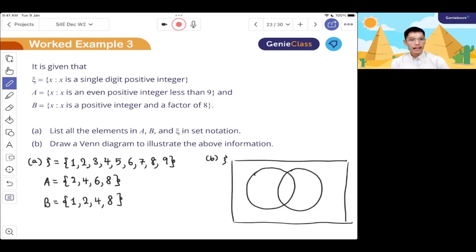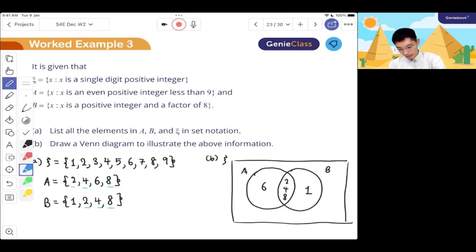So from here, I can actually write down my sets. Usually when I draw my Venn diagram, I'll find the common elements first, because those will fit into the small space over there. In this case, 2, 4, 8. Otherwise, A will have 6, B will have 1. And take note, do remember the rest of the elements that may be outside as well.